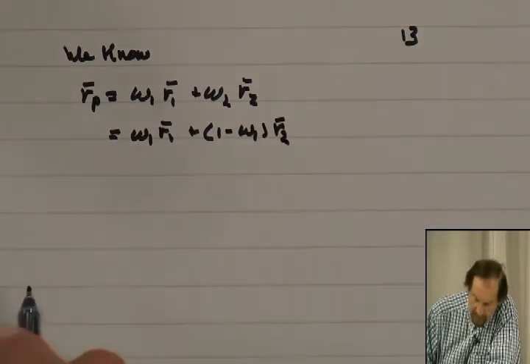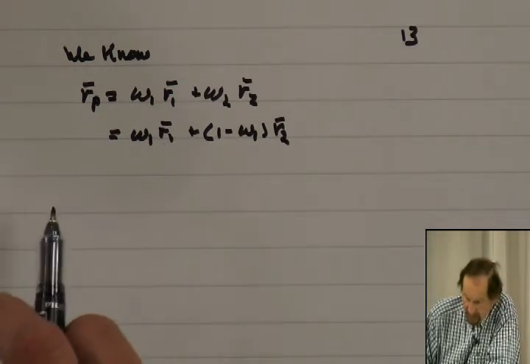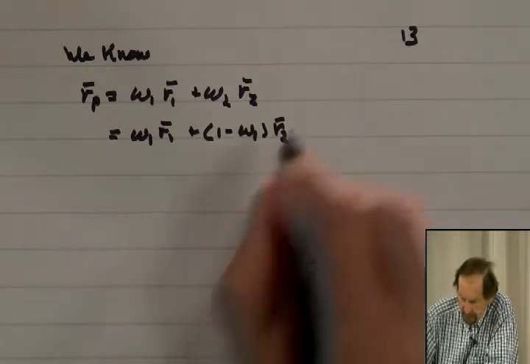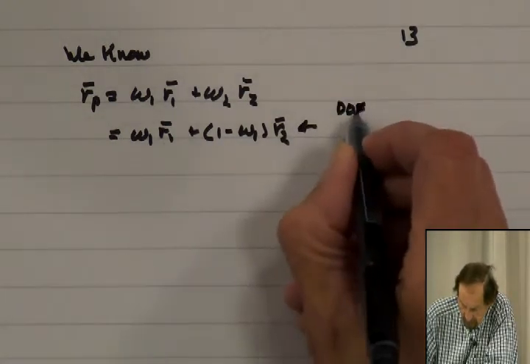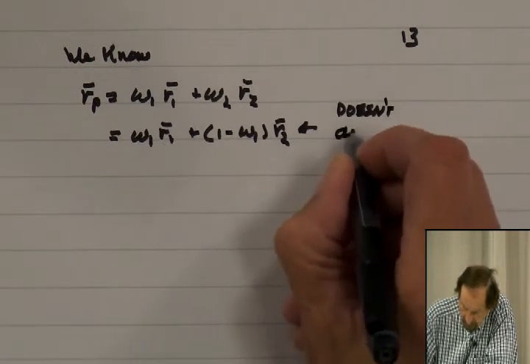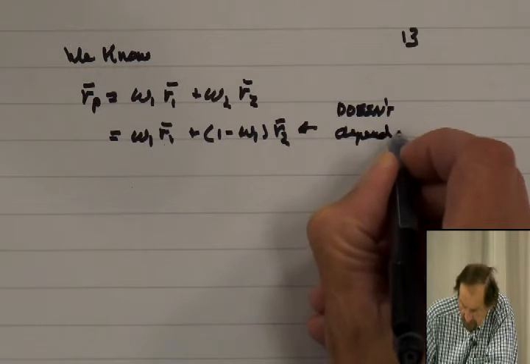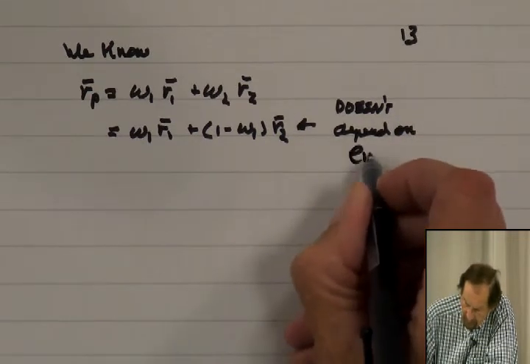Okay, so it's linear in W1, and it doesn't depend on rho 1 2.